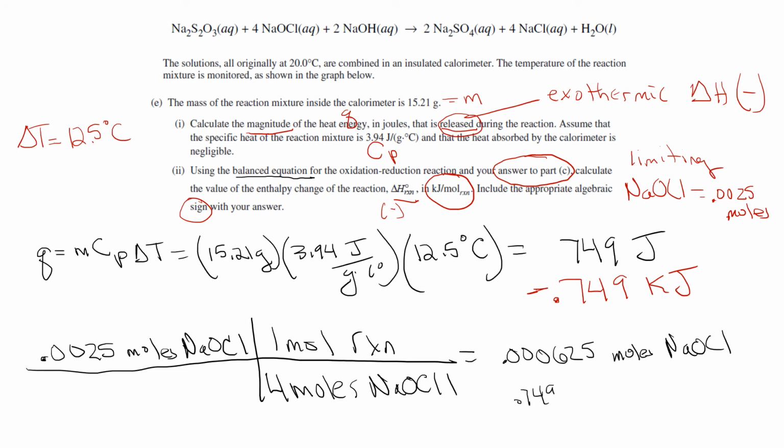So it's negative 0.749 divided by 0.000625 gives me negative 1.20, 3 significant figures, times 10 to the third kilojoules per mole.